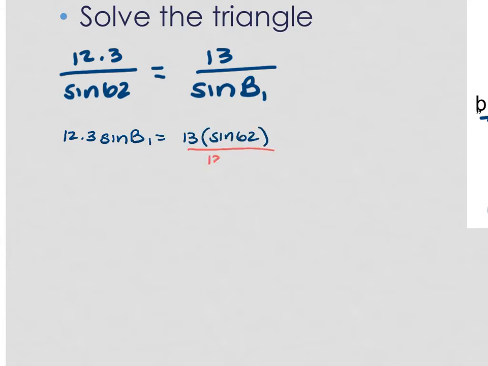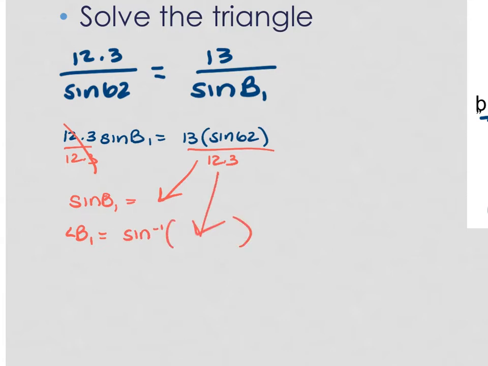Divide. And I get sine of B1 equals whatever this is, which means angle B1 equals sine -1 of, again, the result from that. So 13 sine 62 divided by 12.3.